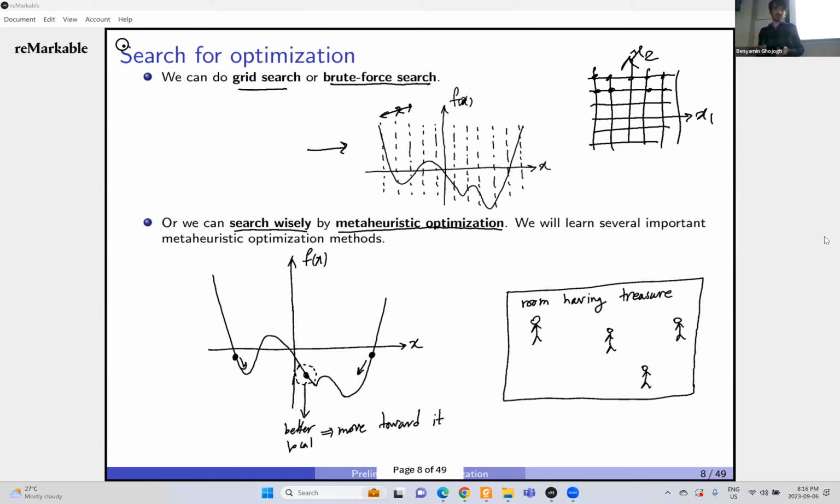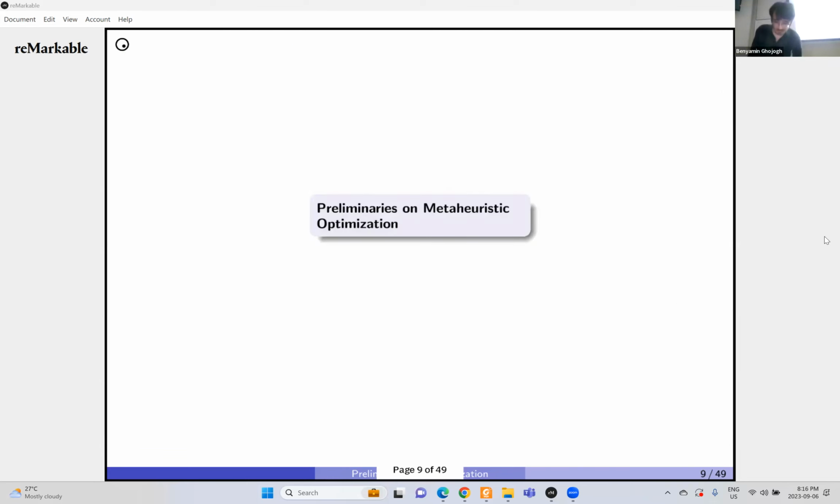Again, when it is too complicated, we can do grid search or brute force search, but that's either not accurate or not efficient in terms of time complexity. So we do wise search or metaheuristic optimization. And I gave you an example of finding a treasure in this room, when we find a treasure collaboratively using particle swarm optimization.